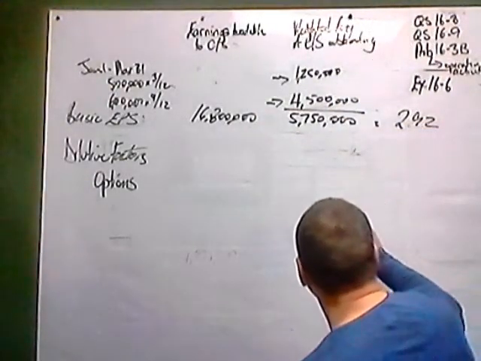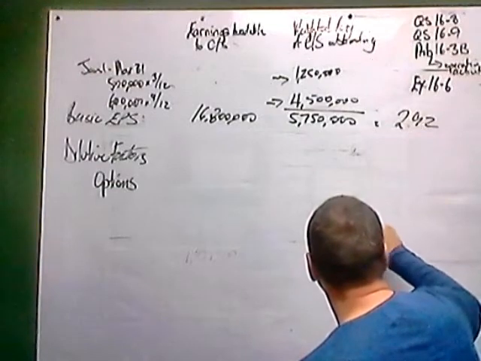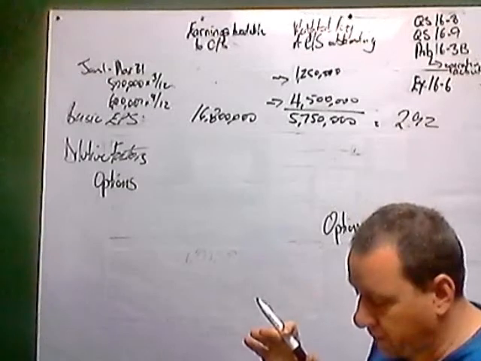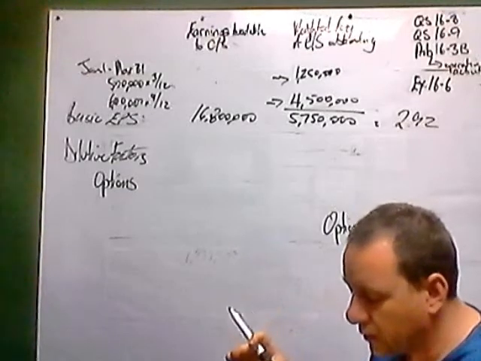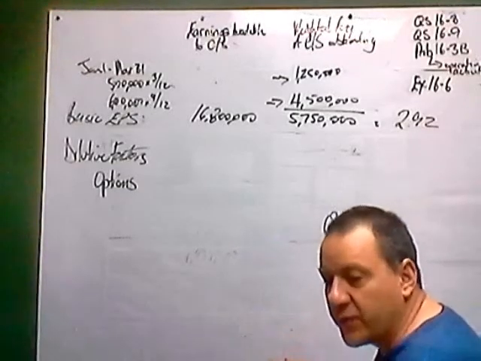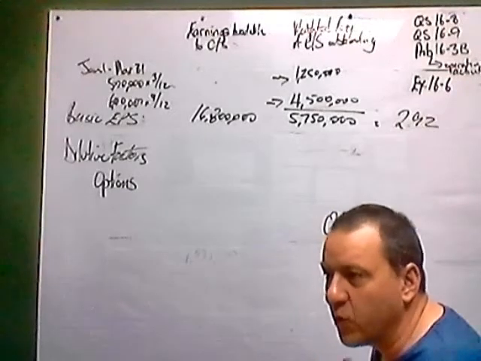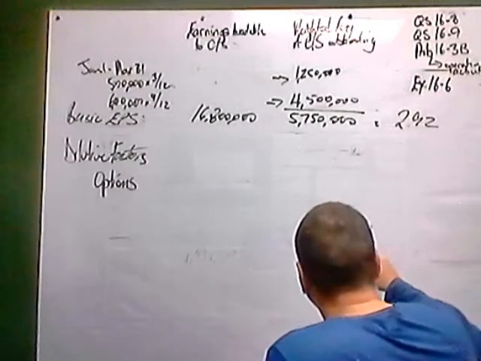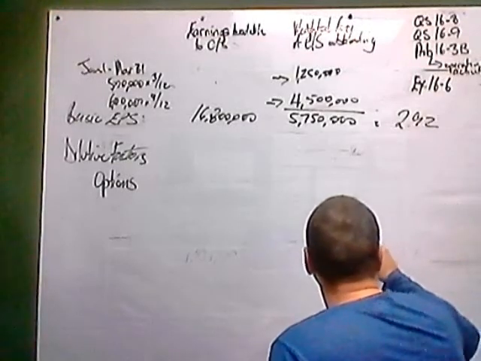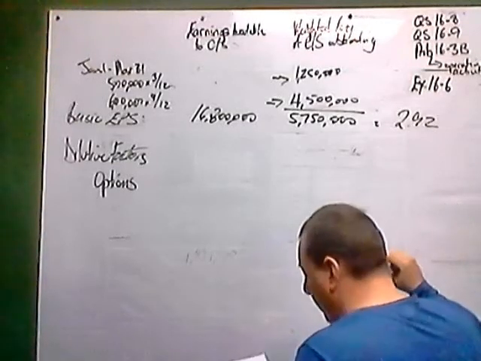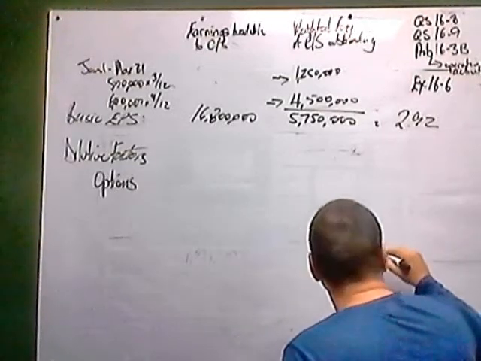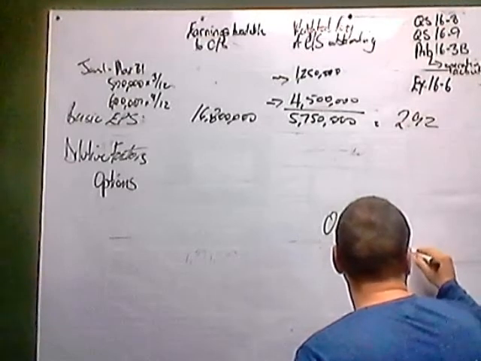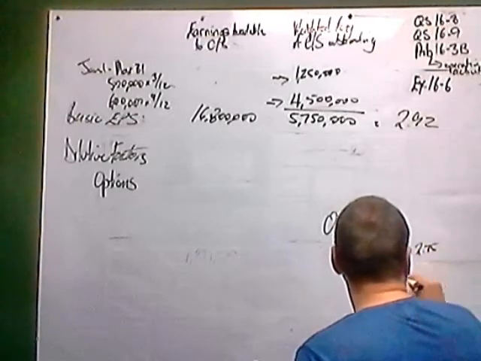With my options, now remember, we sell the options at the exercise price. Then the money that we get from the exercise price, we go back and buy those shares on the open market. So the option sale would be 2 million times 2.75.